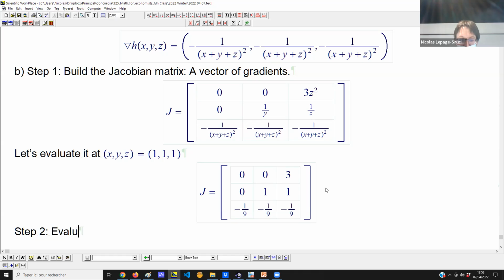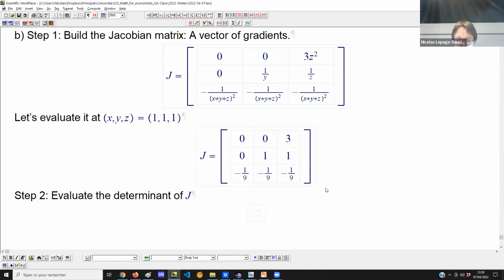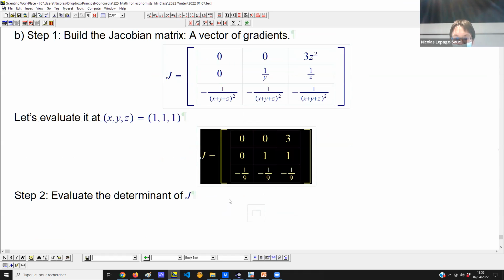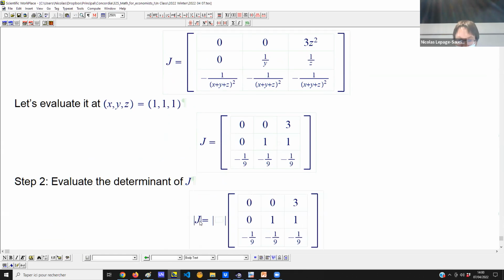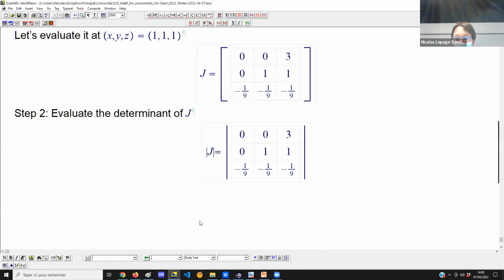The determinant of J is the determinant of this matrix. You may remember the good way to do it is to start with a row or a column with many zeros in it.